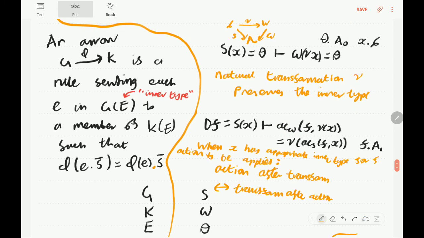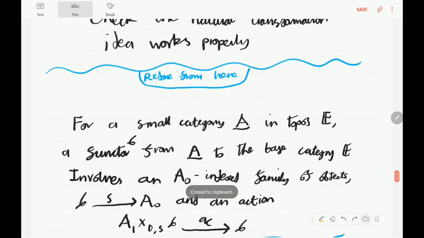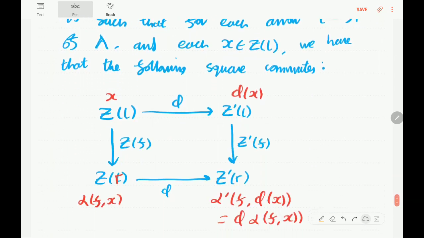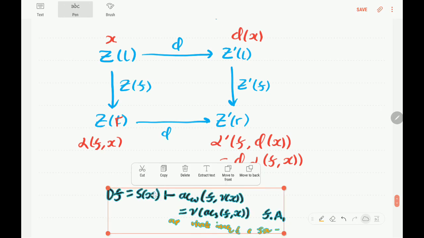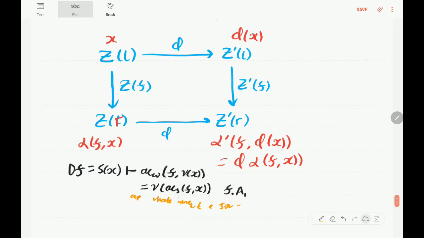Okay, so if we have a look at this condition, basically what it's saying is that when x has the appropriate inner type for x, doing the f action after doing the natural transformation is equivalent to doing the natural transformation after the f action. Okay, so if we compare this to this, we see it's basically the same.